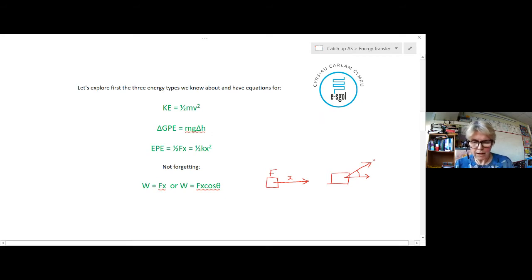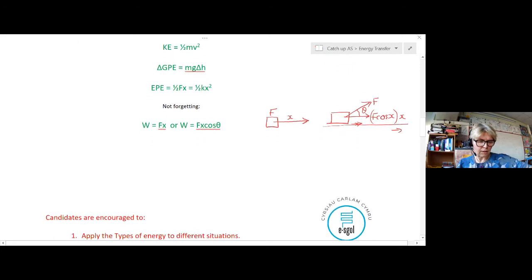So we're applying a force at an angle to the direction in which it's moving. We say F cos theta to give us that component in the direction, and then multiply by the distance to give us the work done. That's why the cos theta comes in.